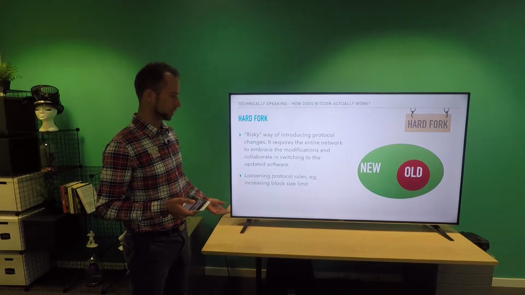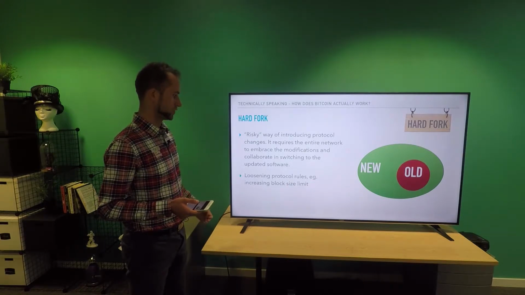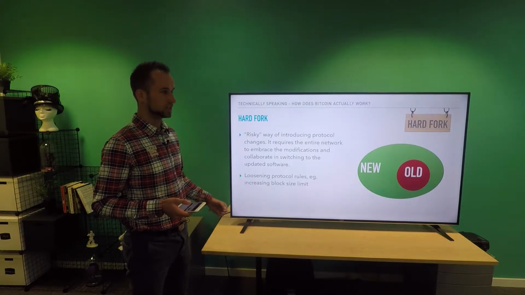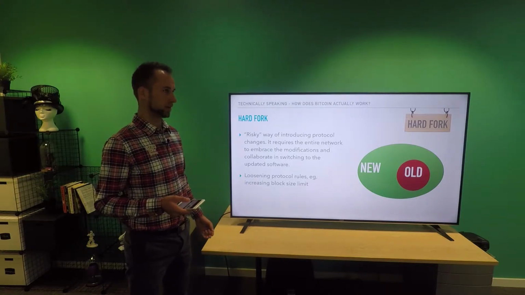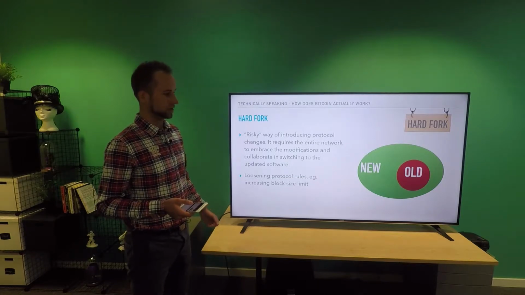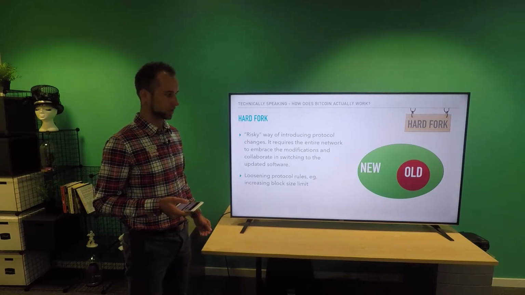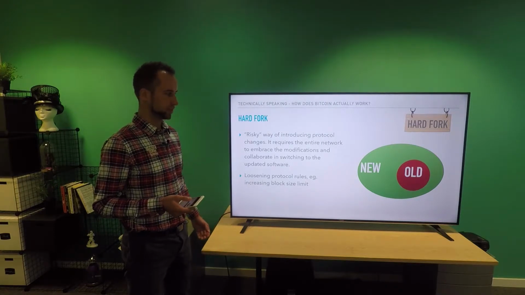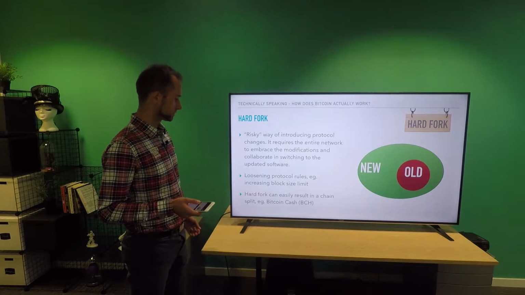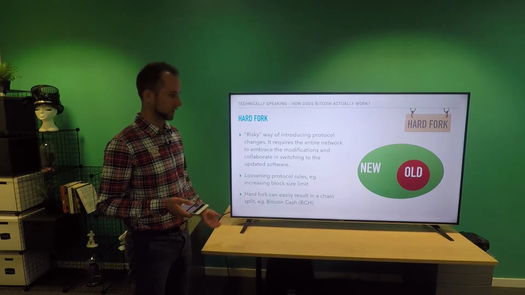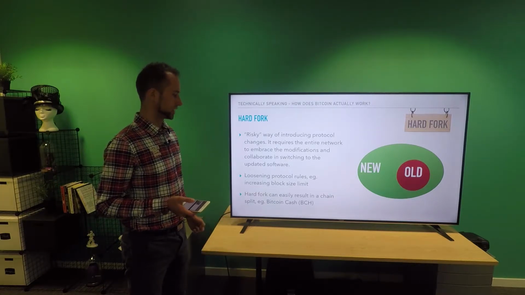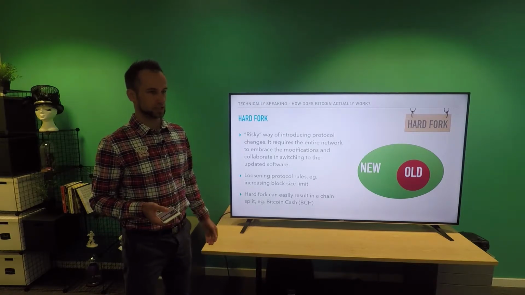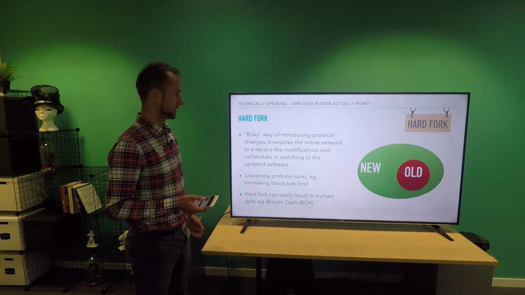And a hard fork protocol change is used to implement changes that are loosening the protocol rules, things like increasing block size limits. So blocks valid by the old rules are a subset of blocks valid by the new rules. And a hard fork can easily result in a blockchain split, for example, Bitcoin Cash, if the entire network doesn't agree on the way forward.